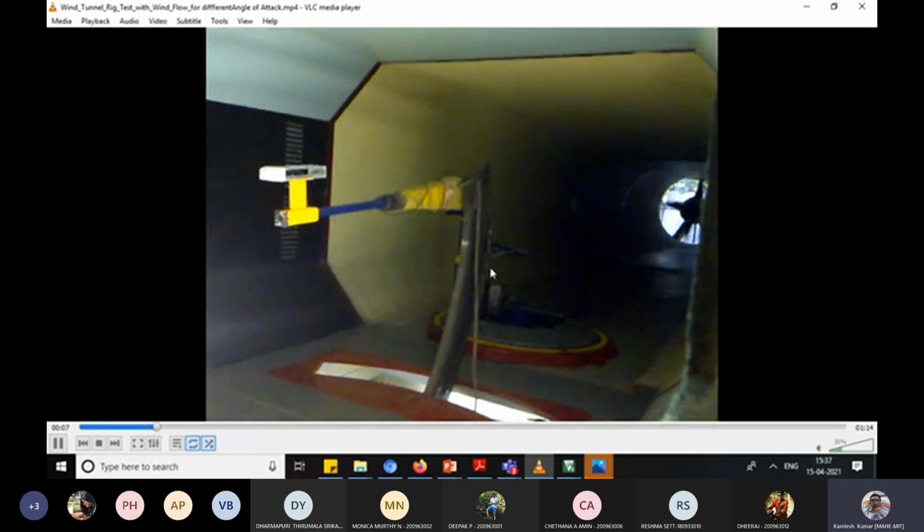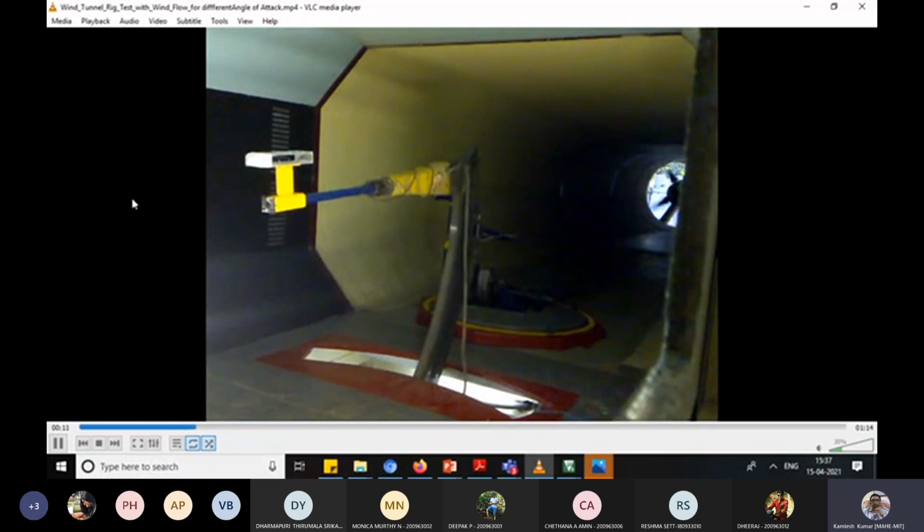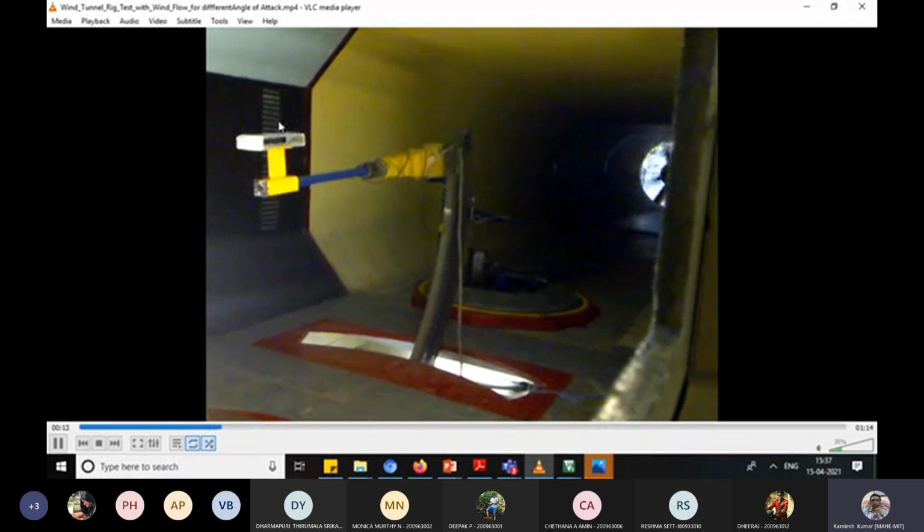Most of the people forget, but when you do this type of activity, you should at least have the test setup data, and that is going to be subtracted from the actual test data. So this was tested static, without wind, then with the wind. Okay, I think you are seeing correctly. Then we tested a little variation also.